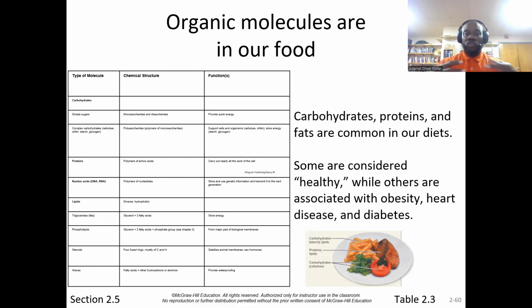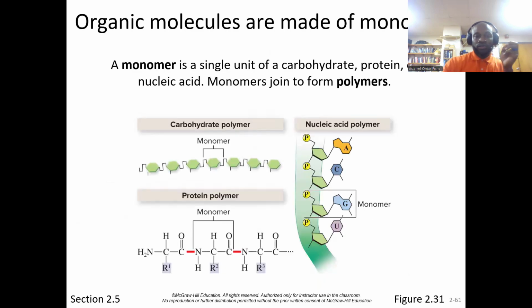There are limitations. We want to be healthy and have a balanced diet, because if we have an unbalanced diet, we can struggle with things such as obesity, excess weight, heart disease, blockage of blood vessels leading to the heart, or diabetes. Our body's unable to control levels of sugar in our bodies, right? So all of these things are important to pay attention to. A monomer is a single unit of a carbohydrate, a protein, or nucleic acid, right?